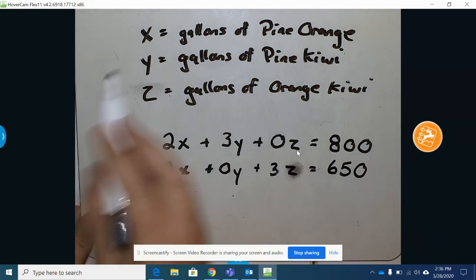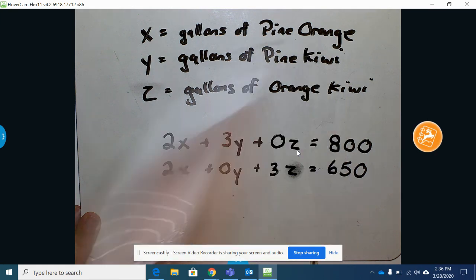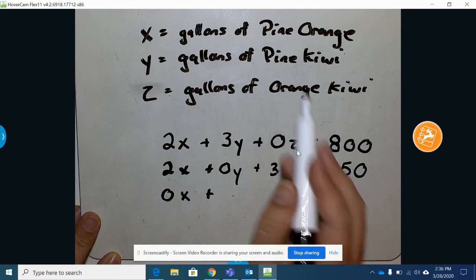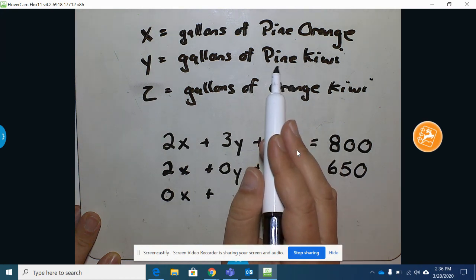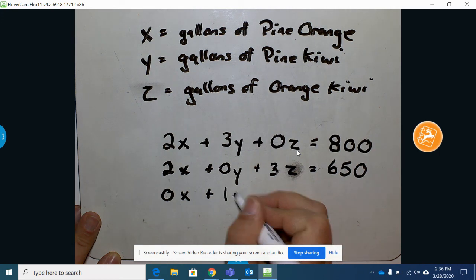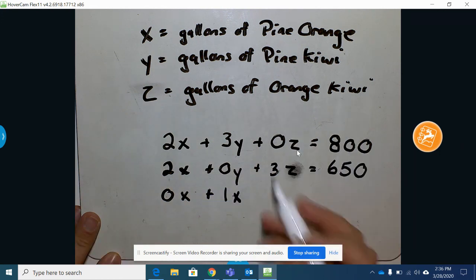So how many quarts are used in pine orange? 0. No kiwi juice is used in pine orange. How many quarts of kiwi juice are used in pine kiwi? Just 1 quart per gallon. And then how many quarts are used in orange kiwi?